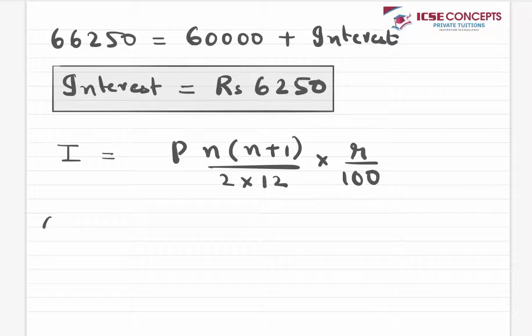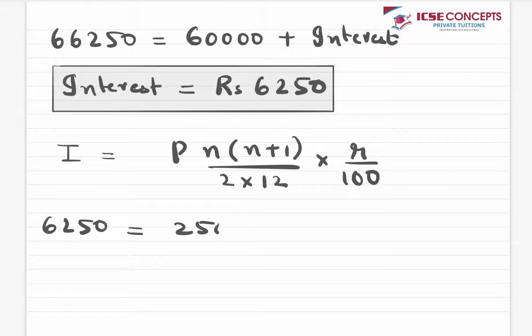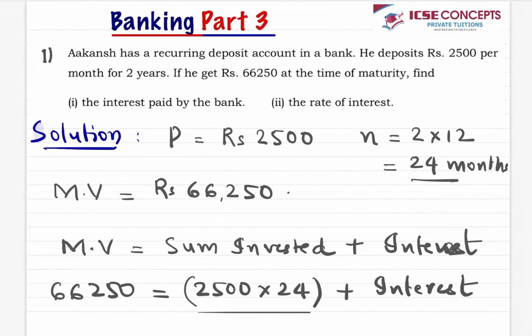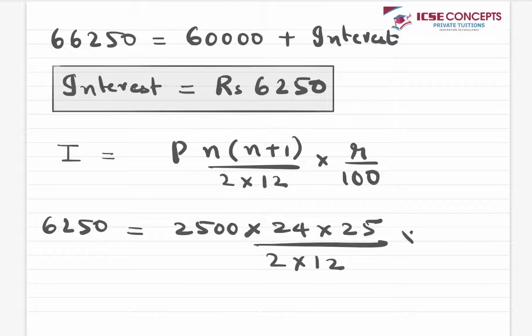So the interest amount 6250 is equal to P. P value was how much? The value of P was rupees 2500 into n. N is 24 into n plus 1 upon 2 into 12 into R upon 100, right?